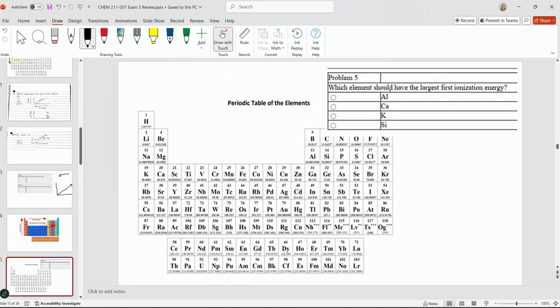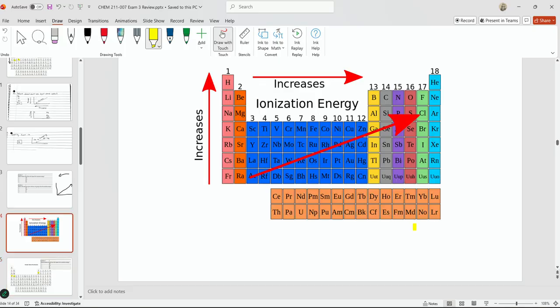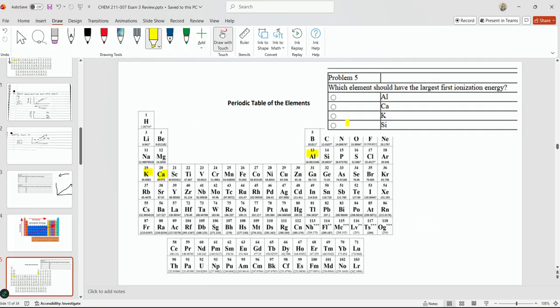Let's do this practice problem. So where's K? K is going to be over here. Ca is going to be over here. Si is going to be over here. Okay, where is Si?